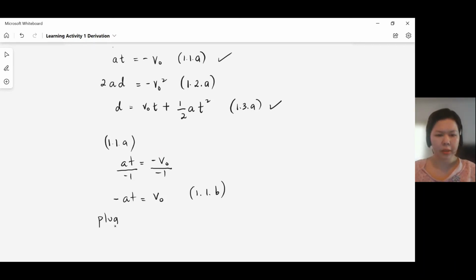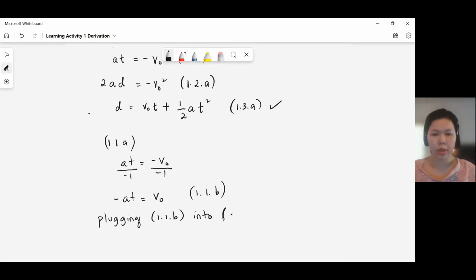Plugging this equation 1.1 point B into 1.3 point A yields, so I'm copying first our 1.3 point A: D equals, and the V naught here becomes negative AT.